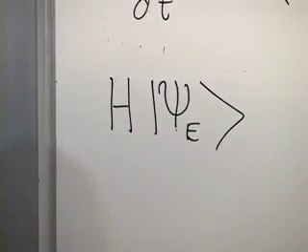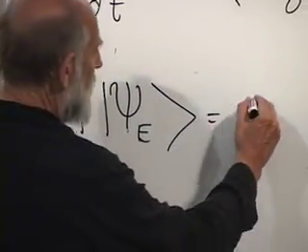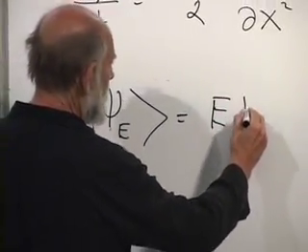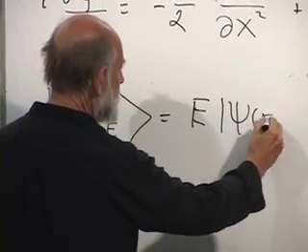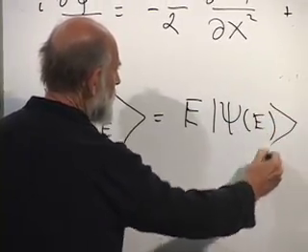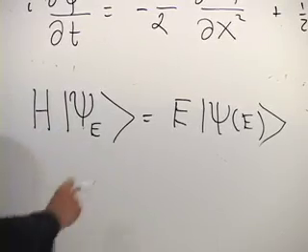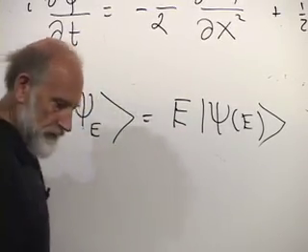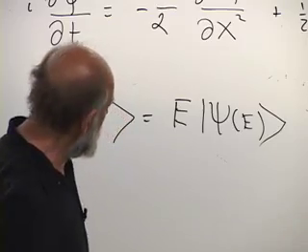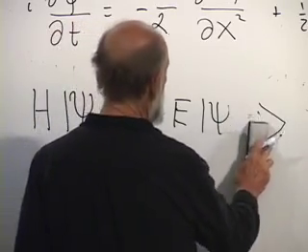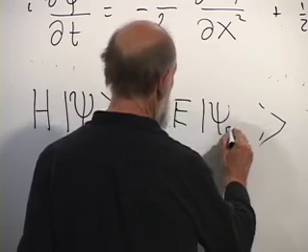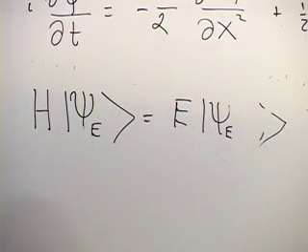H on psi sub E equals E times psi sub E. The sub E, as I said here, just indicates which particular eigenvalue.